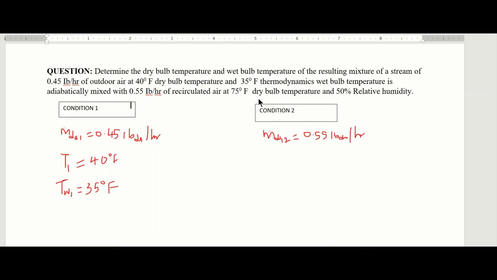We are given the dry bulb temperature, let's call it T2, which is 75 degrees Fahrenheit, and here we are given the relative humidity, let's call it RH2, which is 50%.